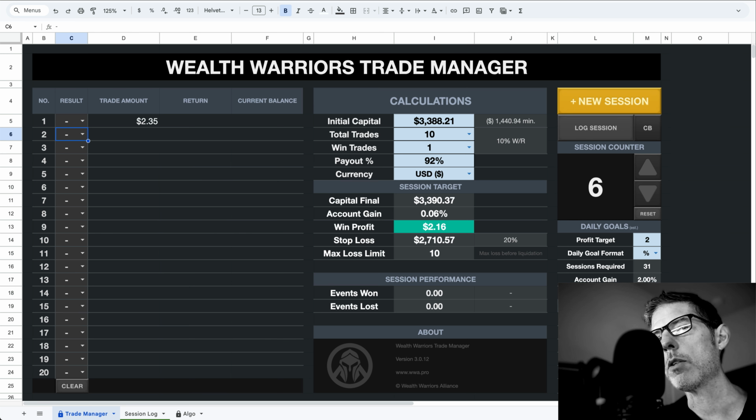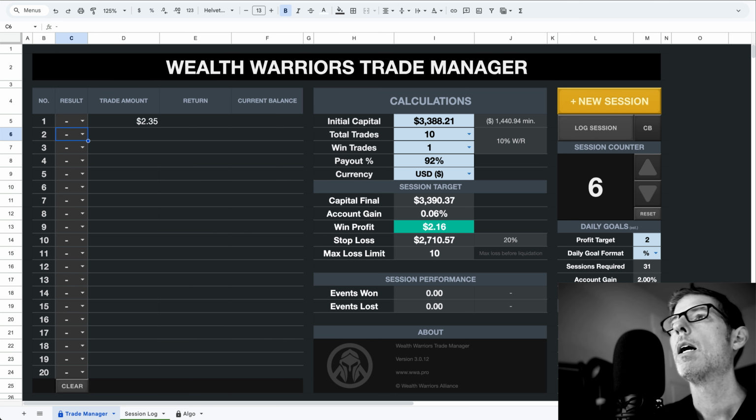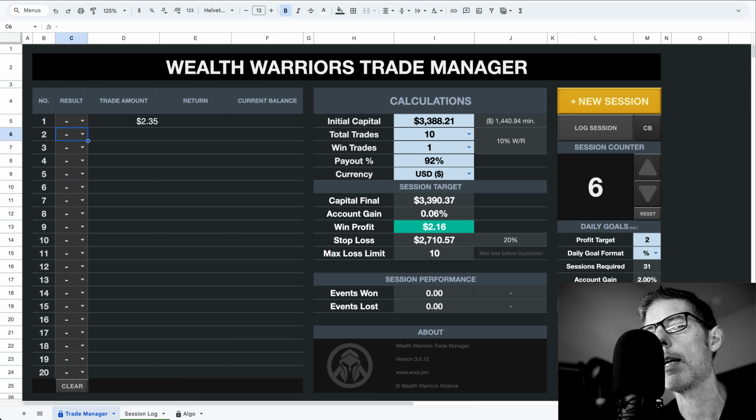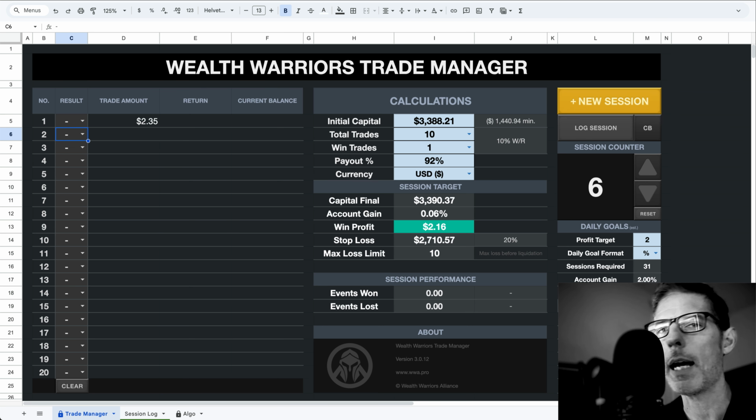Instead of trying to chase the no loss win rate or the 95% win rate, which I don't even really think exists. Even across the board on Pocket Option, if you look at the best traders, not even they're getting 90% win rates, guys. Come on.